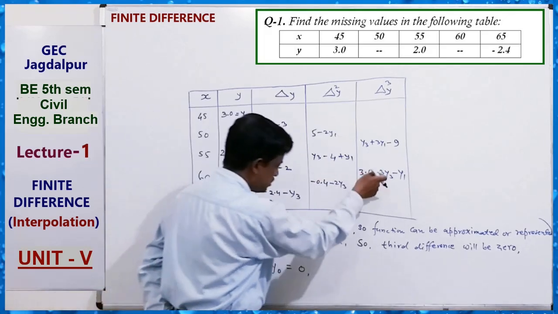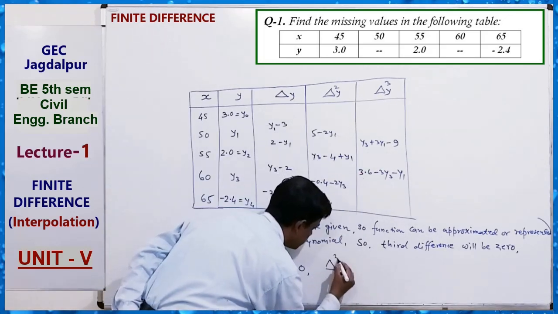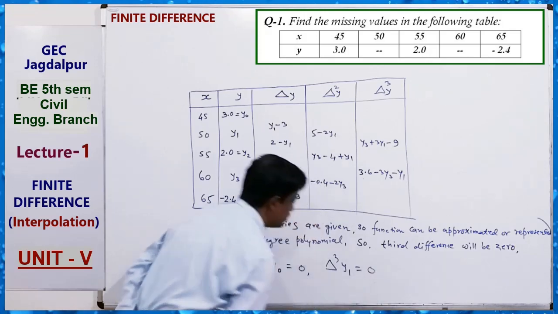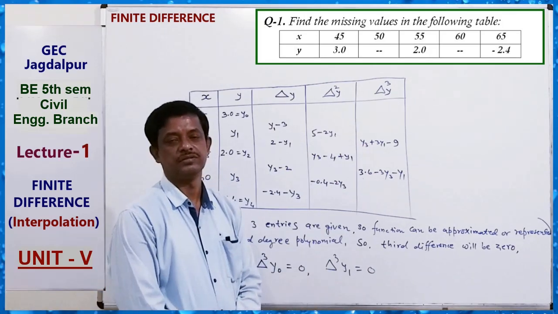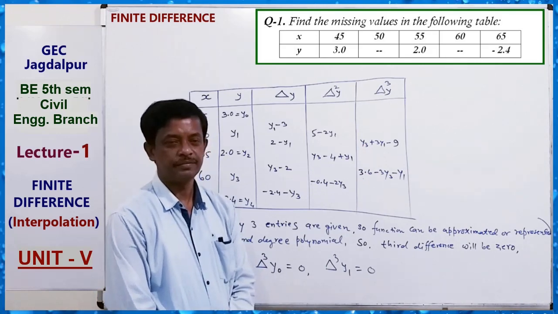Also, third difference of y1 equals 0. Clear?